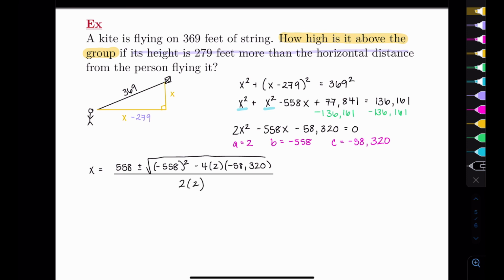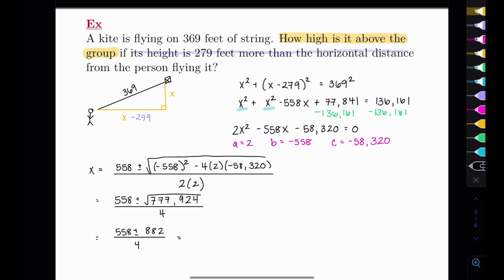So at this point, I trust that you're going to be able to plug this into a calculator. If you do 558 squared minus all of that stuff, what you're going to be left with under the radical is 777,924. And then this is divided by 4. And that happens to work out. It is a perfect square. So this is 558 plus or minus 882 over 4.